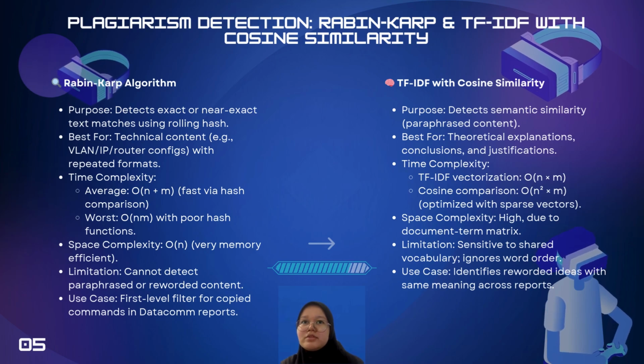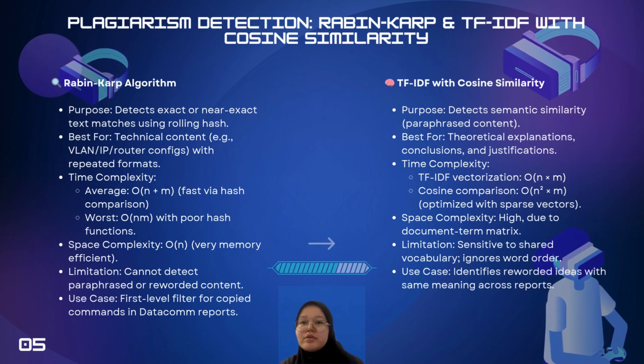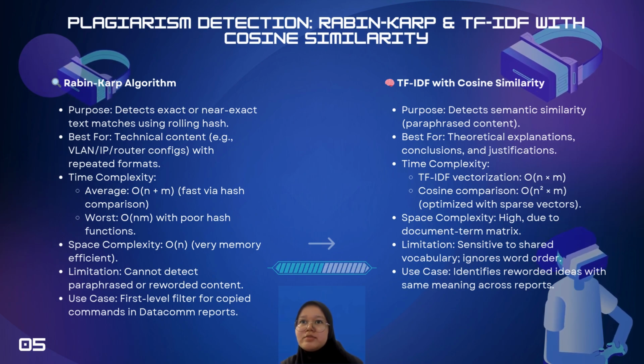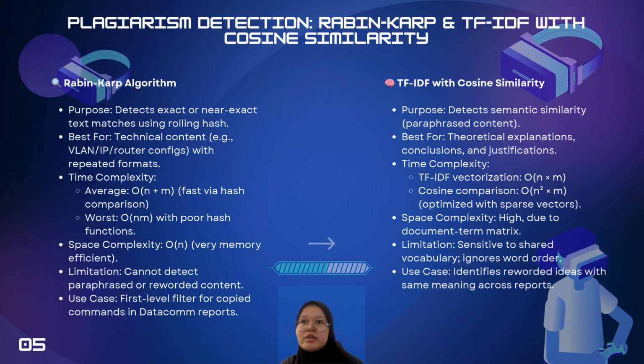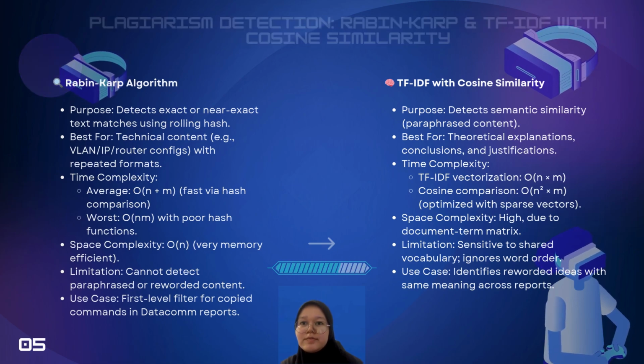This method works best for content like justifications, conclusions, or theoretical sections in a report. The downside is that it's more computationally expensive and uses more memory due to the high dimensional vectors it generates. Also, it can sometimes give false positives if two documents share common technical vocabulary.